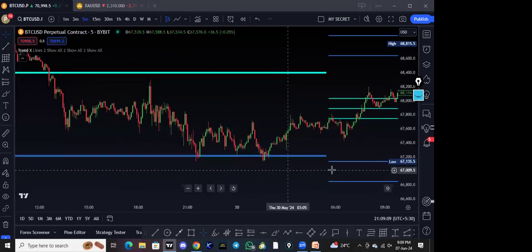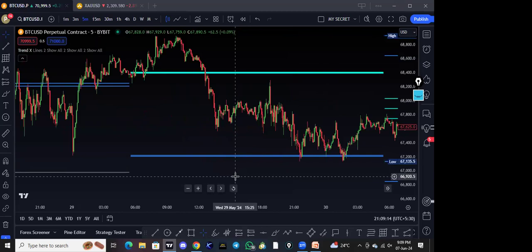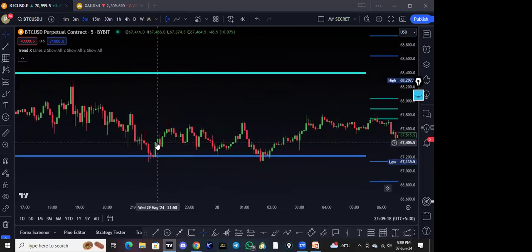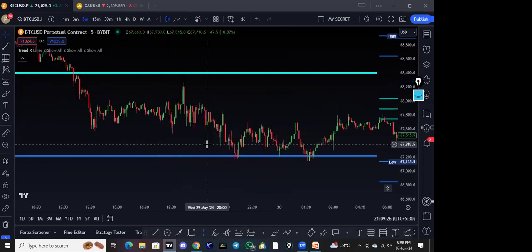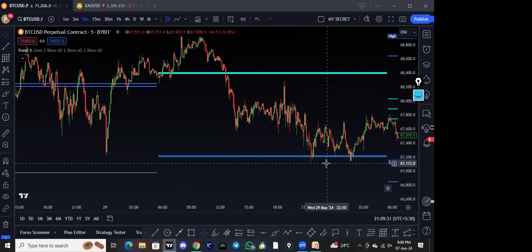Still, if you want to take the trade, we need confirmation. When we see a bullish engulfing here, go for the trade, and when it goes, move to break even. But if it is below the weekly, then we are not looking for any long positions. If we are above the weekly, then we go for long positions.